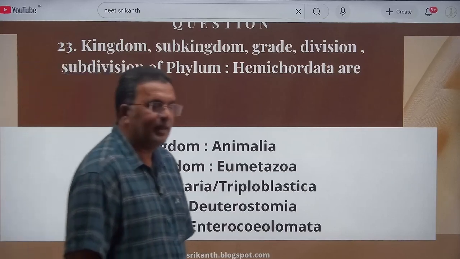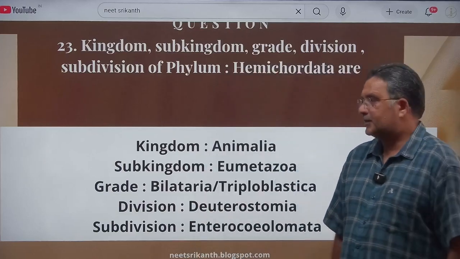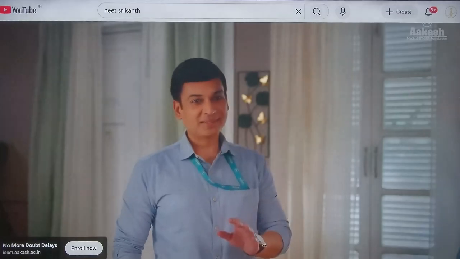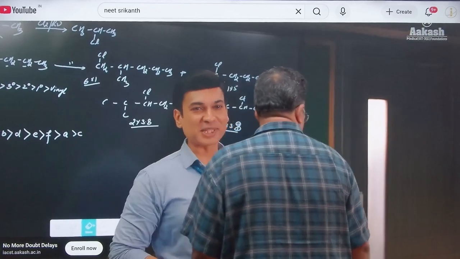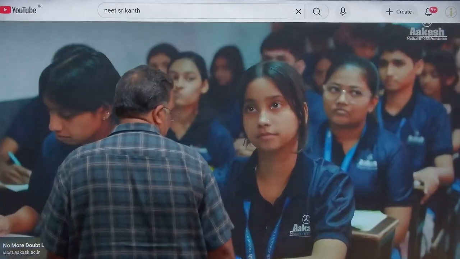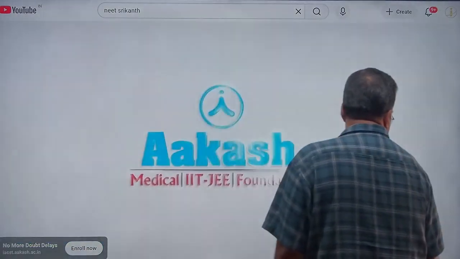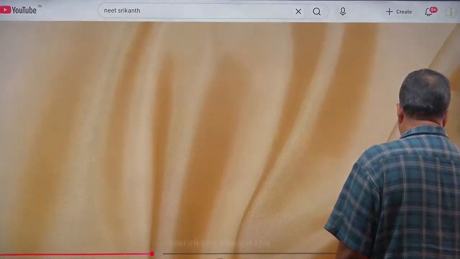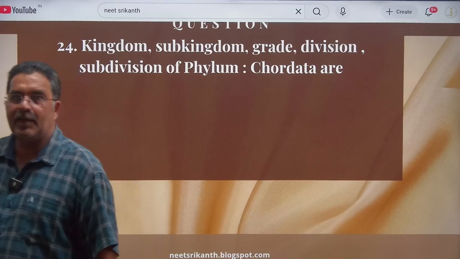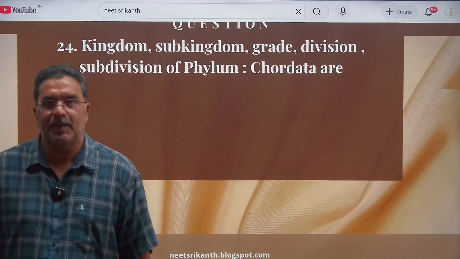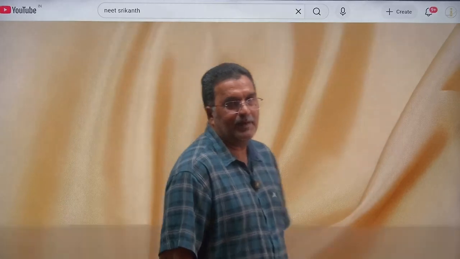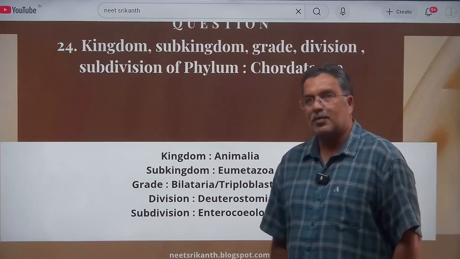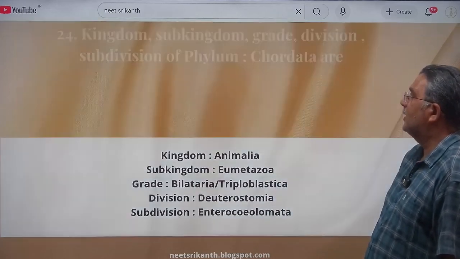Echinodermata, Hemichordata and Chordata are the same. Chordata: Kingdom Animalia, subkingdom Eumetazoa, grade Bilataria or Triploblastica, division Deuterostomia, subdivision Enterocoelomata. So this is the hierarchy of phylum Porifera to Chordata.